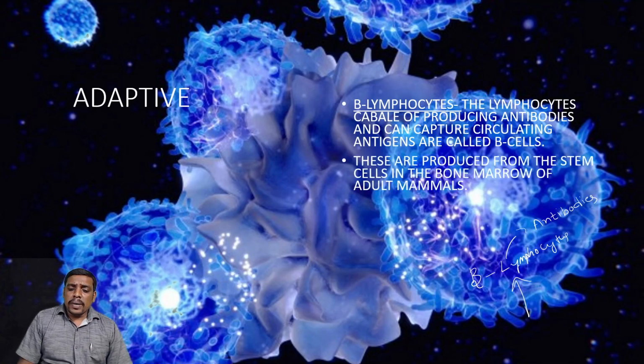Here the B cells are produced from stem cells. There are certain kinds of stem cells seen in our body.